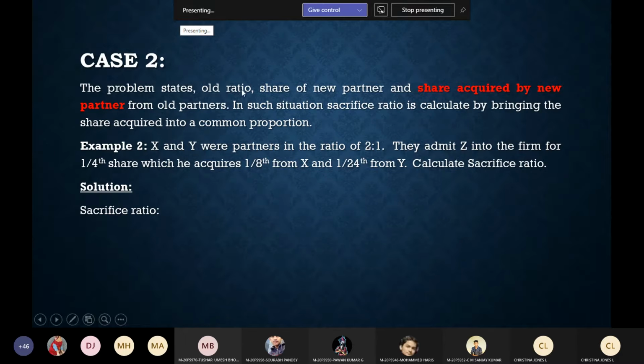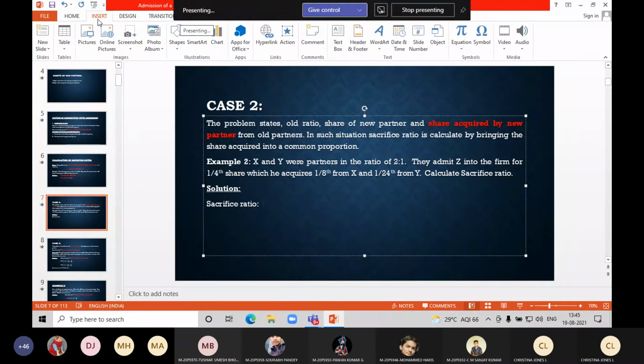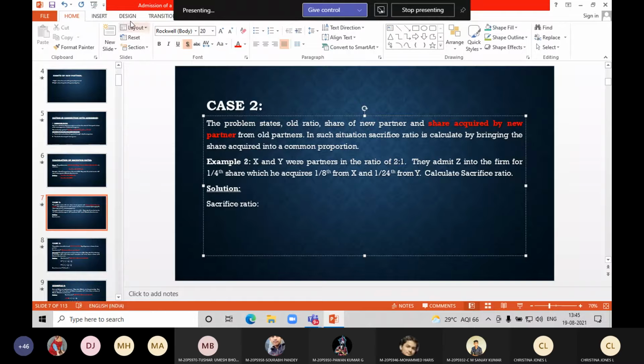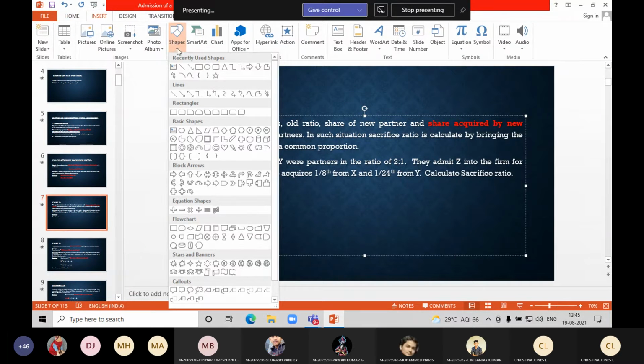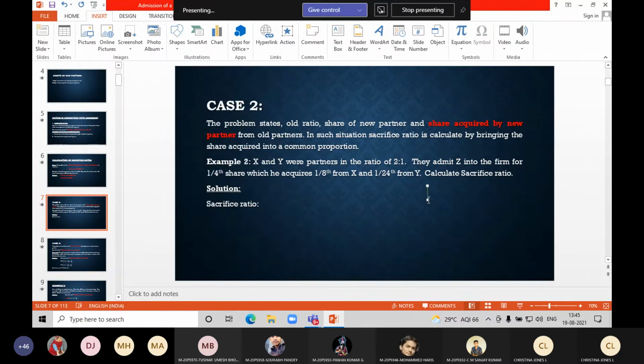I hope it'll look like this, because the other class didn't remember LCM. So LCM looks something like this.